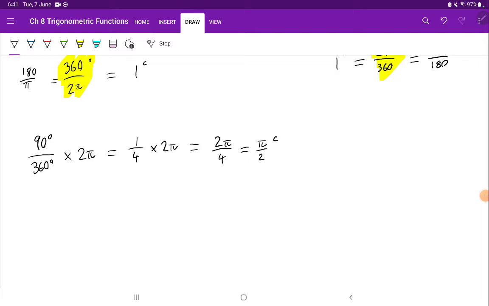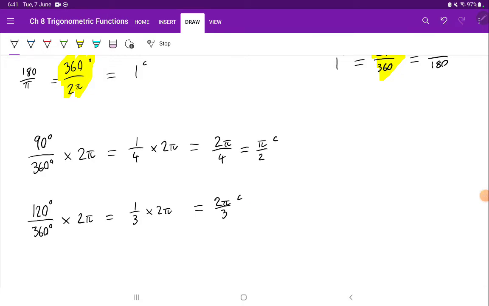Right, let's do another one. Let's do 120 degrees. Once again, we're going to divide by 360 times by 2 pi. Convert it to radians. 120 over 360 is a third times 2 pi. Well, 2 pi times 1 is 2 pi. And 2 pi over 3 cannot be simplified.